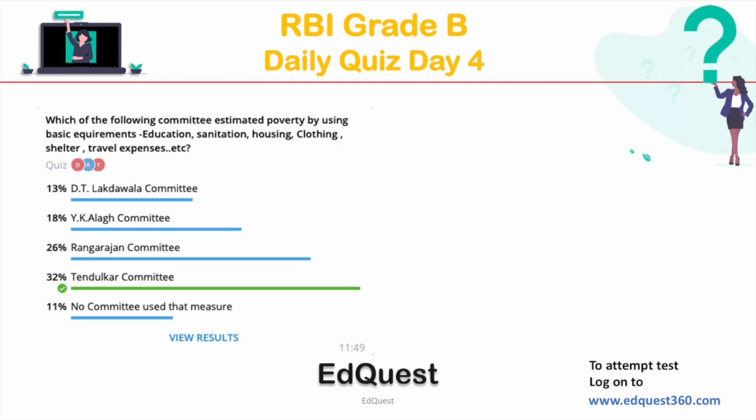Okay, moving on to the fourth question. Which of the following committees estimated the poverty line by using the basic requirements of the poor like education, sanitation, housing, clothing, shelter and travel expenses? So here it's worth remembering that in 1979 it was the Y.K. Alagh committee.